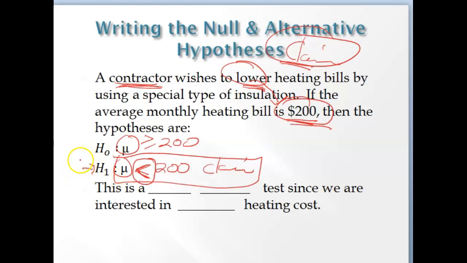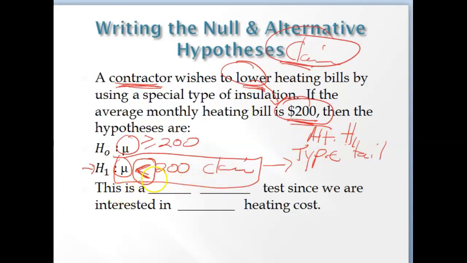And again, I should have pointed this out. The alternate hypothesis determines what type of test you have. It determines the type of test that you have. The alternate hypothesis, not the claim, but the alternate hypothesis. Now here the alternate hypothesis happens to be the claim, but in general the alternate hypothesis, H sub 1, determines what type of tail test you have.